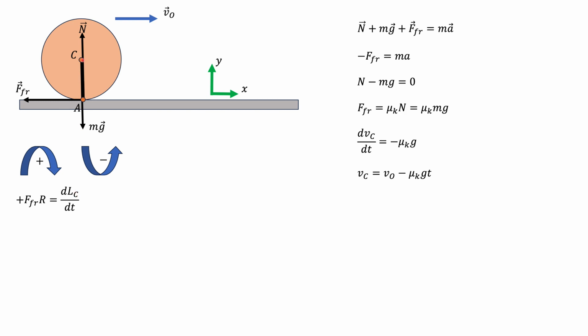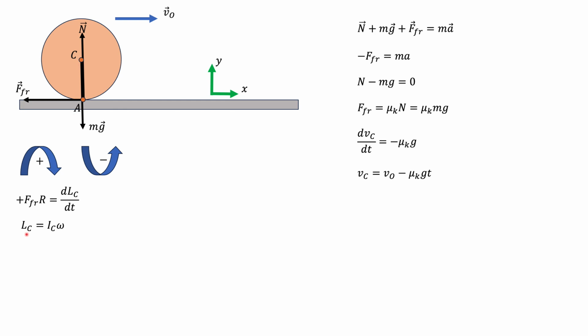Now, when it comes to calculating angular momentum with respect to the center of mass, we can either use velocities with respect to the stationary axis or velocities with respect to the center of mass. And if we do this, we find that this body is rotating with respect to the center of mass.